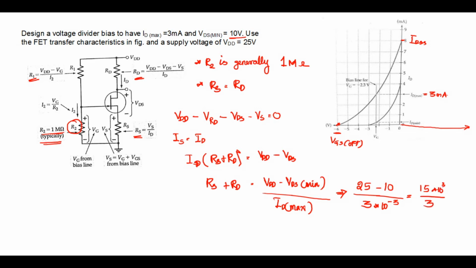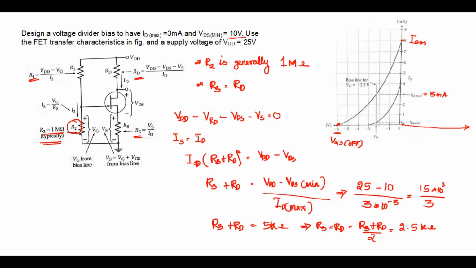So RS plus RD is equal to 5 kilo ohm. From this you can get RS and RD: RS equal to RD equal to RS plus RD by 2, so that is 2.5 kilo ohm. So here we have obtained RS and RD.